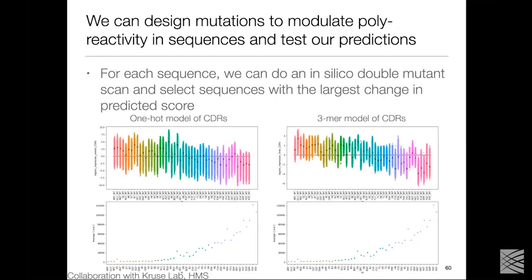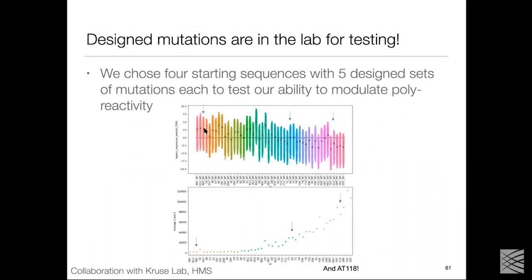And so with this information, we designed mutations to modulate polyreactivity in sequences, and then we're testing these predictions. For each sequence, we can do an in silico double mutant scan, including missense mutations, deletions, and insertions, and select sequences with the largest change in predicted score. For example, if you take this sequence, which has low experimental polyreactivity, we can choose mutations that really change the class of this sequence, and we predict much higher polyreactivity measurements.